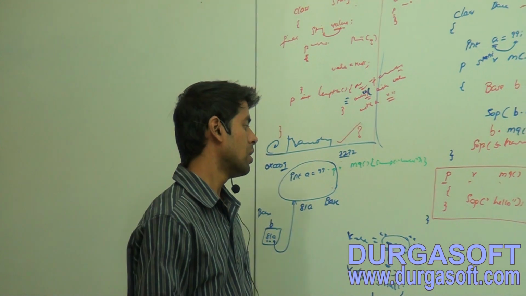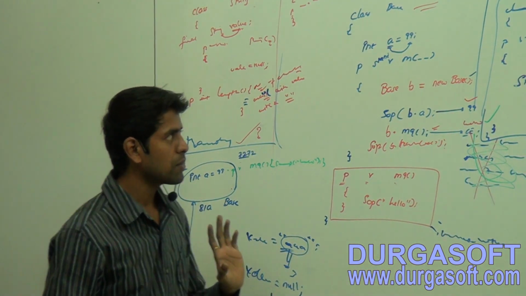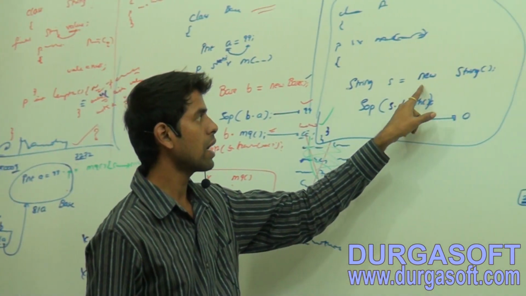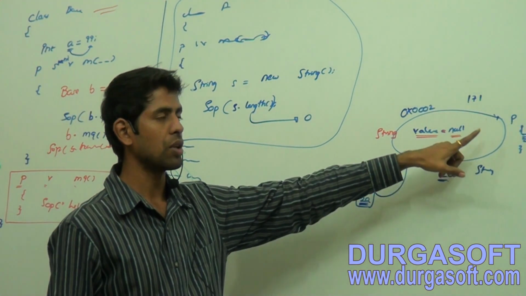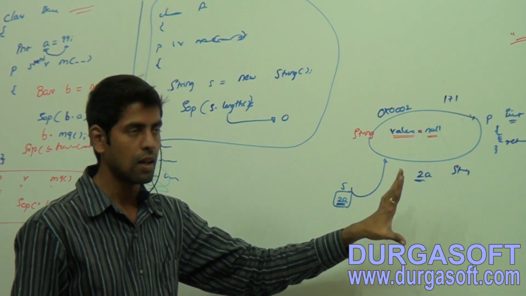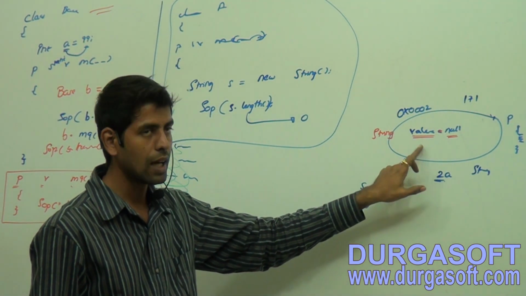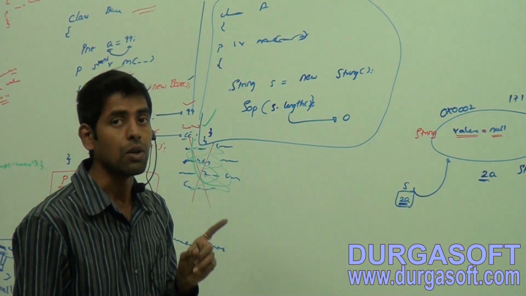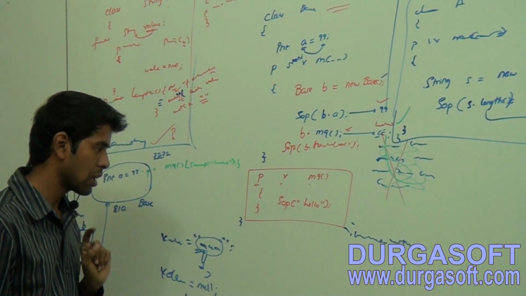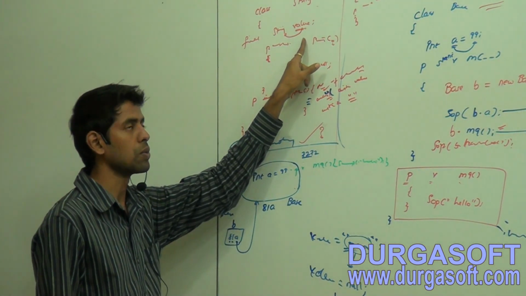Okay, now the same thing, I have created a string class object. Because of the new operator, memory allocation is done. And now observe here, we have one final instance variable within our string class, which is value.